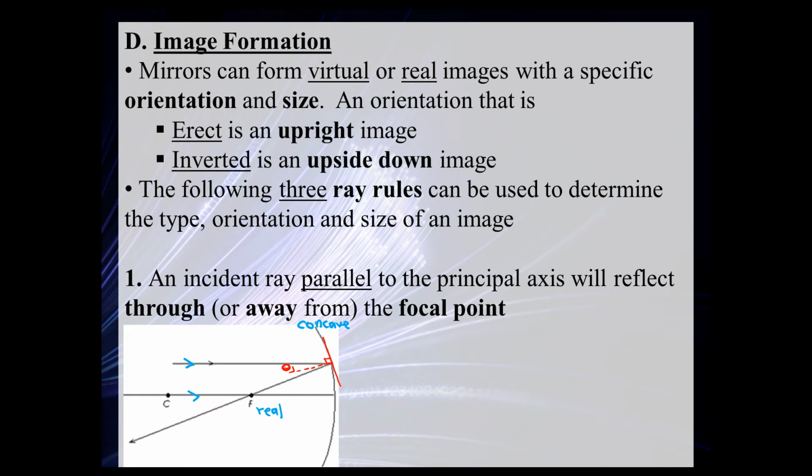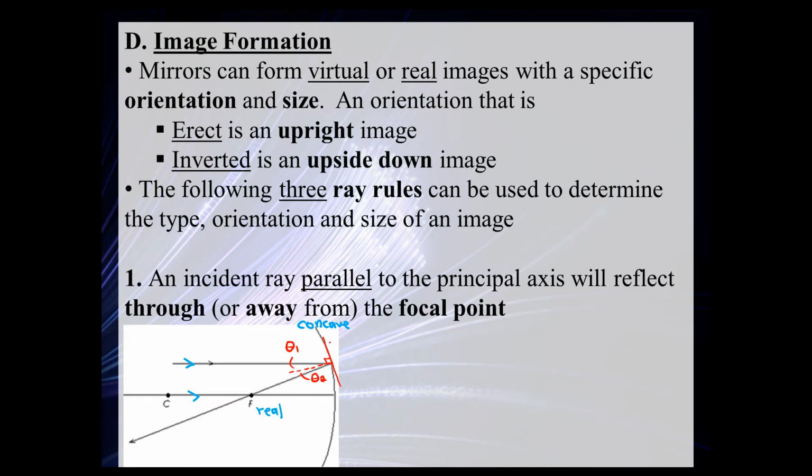Okay, measure the angle of incidence, theta 1. And then you would need to apply the law of reflection, which is theta 2. Then you could draw your reflected ray, and then indeed you would notice that it goes through the real focal point.